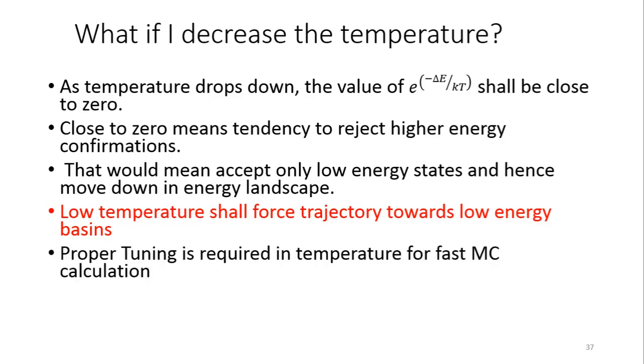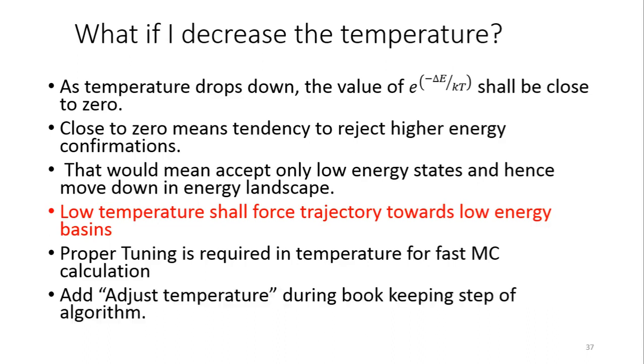Therefore, proper tuning of temperature is required for fast Monte Carlo calculation. To achieve this, all we need to do is set an adjust temperature feature during the bookkeeping stage of the algorithm. This is how you can minimize the steps involved in Monte Carlo searches.